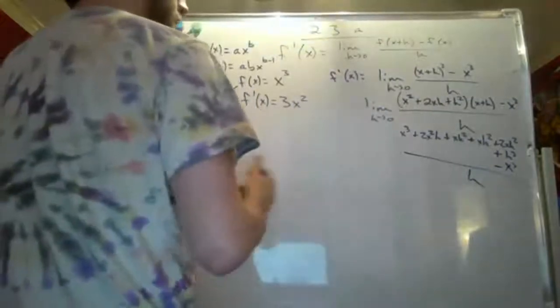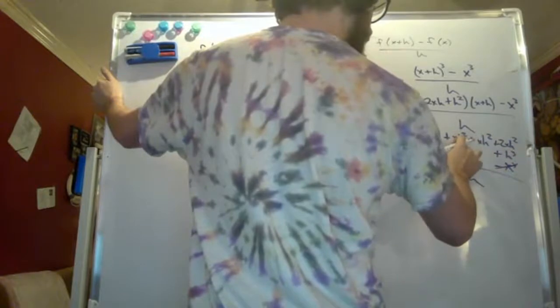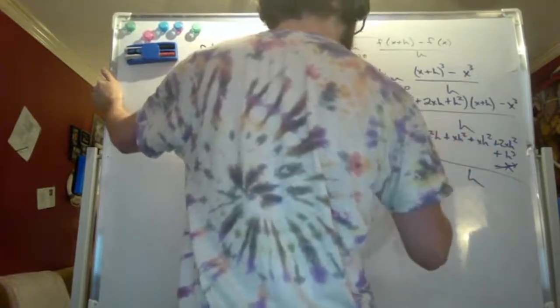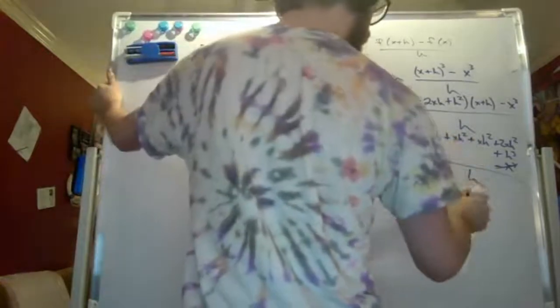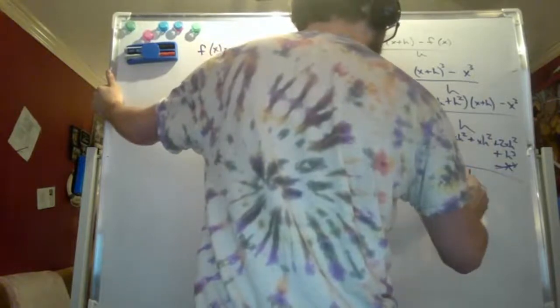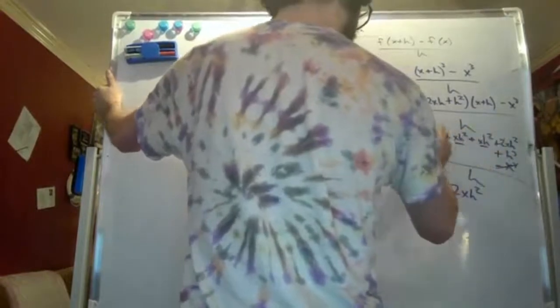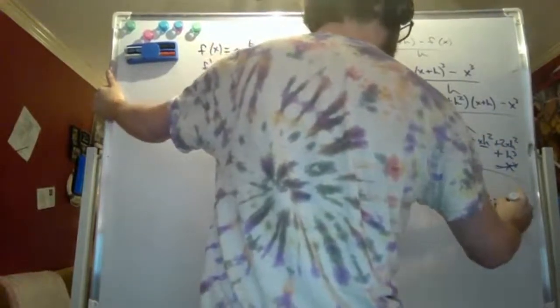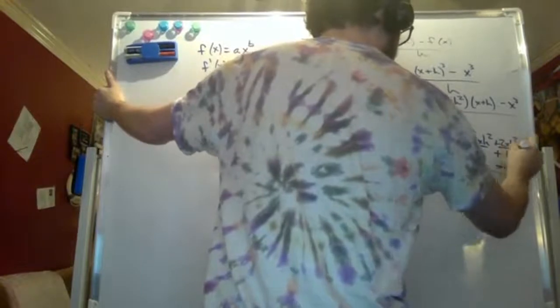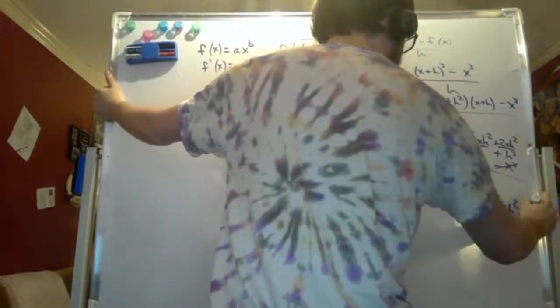But our x cubeds subtract out, and we're left with 2x squared h plus xh squared plus xh squared, so we've got two of those, 2xh squared, and then we've still got our other 2xh squared over here plus an h cubed.